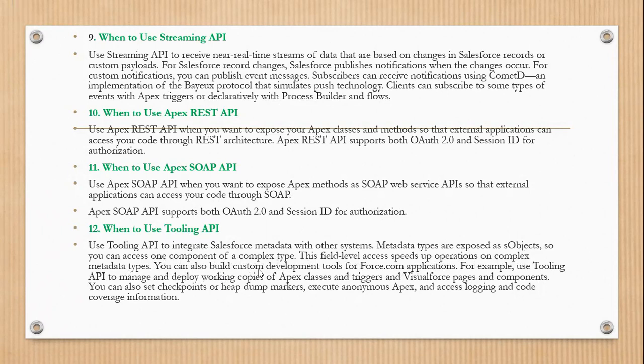You can also build custom development tools for Salesforce applications. For example, use the Tooling API to manage and deploy working copies of Apex classes, triggers, Visualforce pages and components.